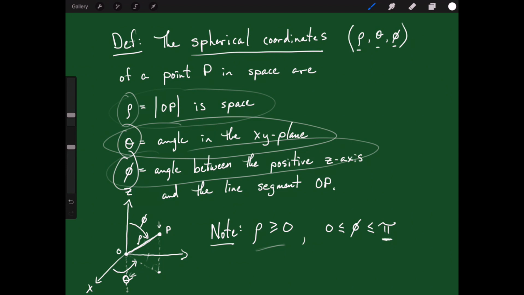Theta, on the other hand, can go from 0 all the way around to 2 pi, that's fine. So theta can live in between 0 and 2 pi, but phi is restricted to being between 0 and pi specifically.